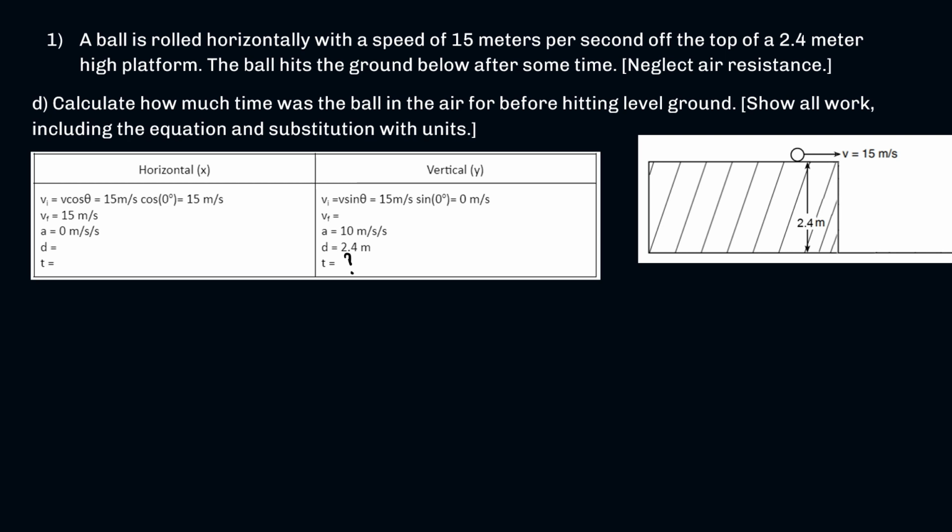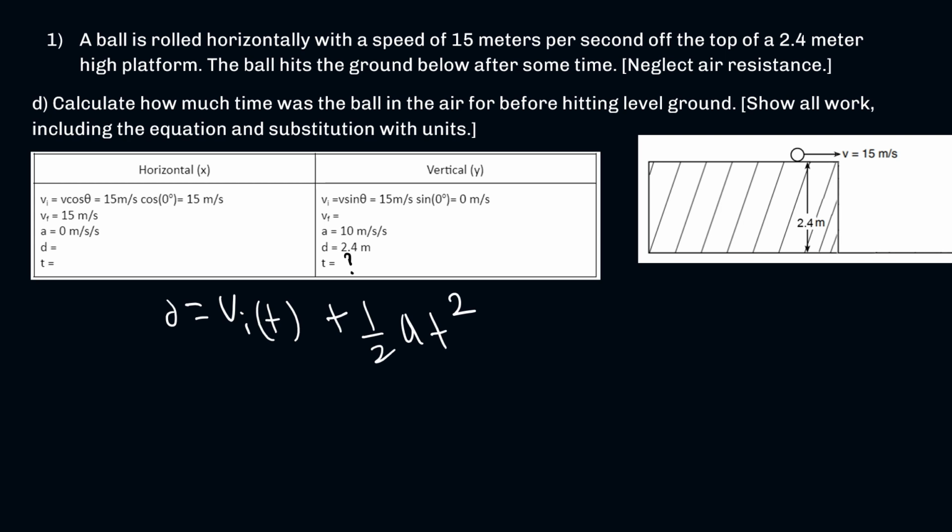So based on this, what equation am I going to end up using if I have displacement, I have acceleration, I have initial velocity, and I'm trying to find time? You'll look on the reference table and see which equation is going to line up with these variables. And the equation that does is what I like to call the displacement equation: d equals v_i t plus 1/2 a t squared.